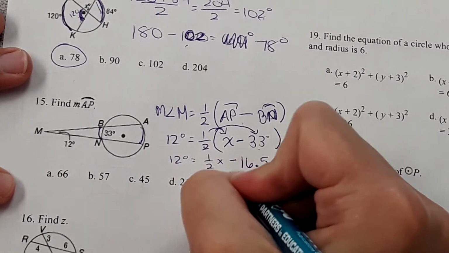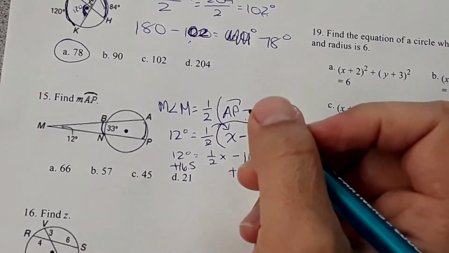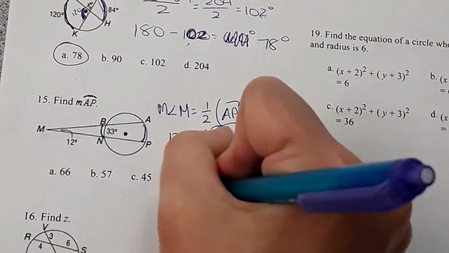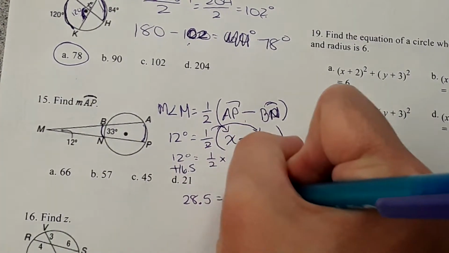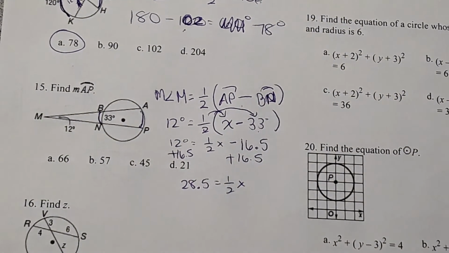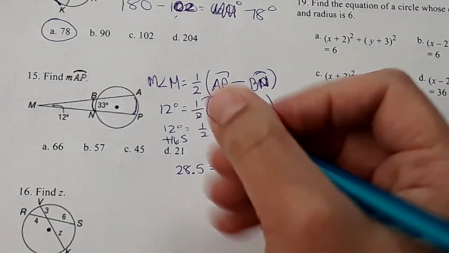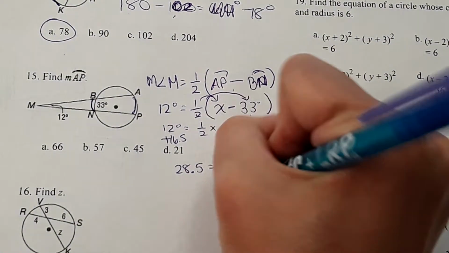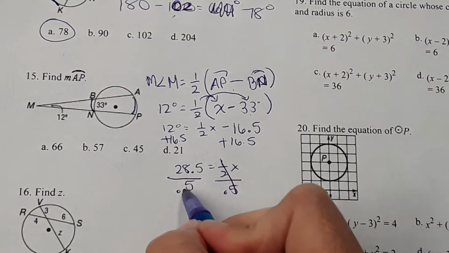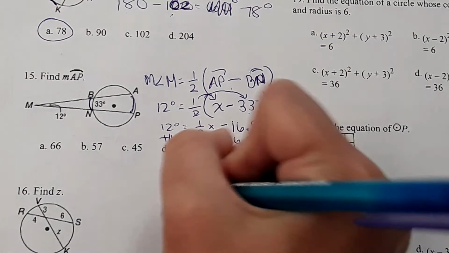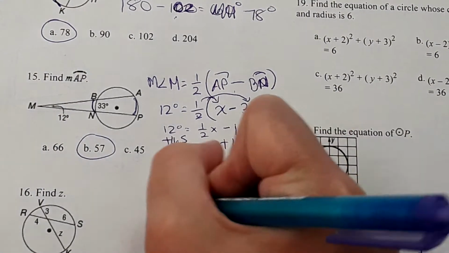Then I can add 16.5 to both sides, and it comes out to 28.5 equals 1/2 X. Continue solving, divide both sides by 1/2. 0.5 works better in the calculator, so I'm going to divide both sides by 0.5. 28.5 divided by 0.5 is 57. X equals 57 degrees.